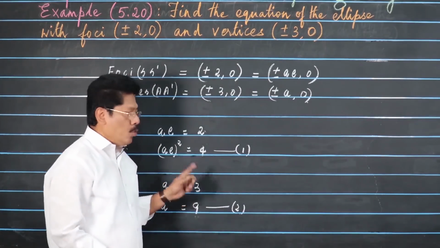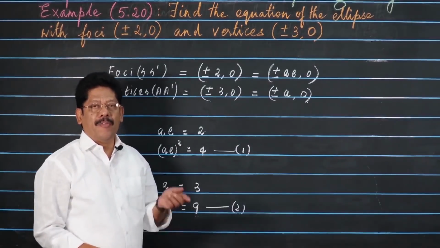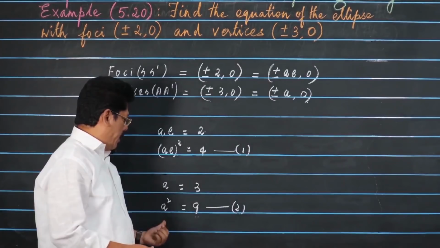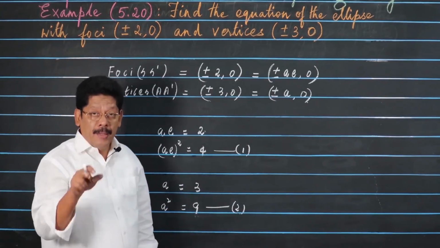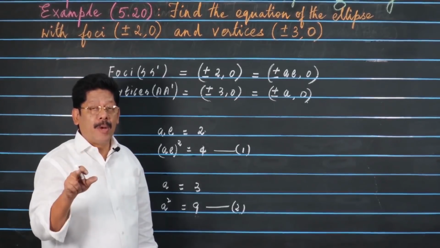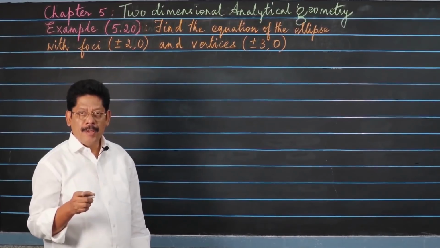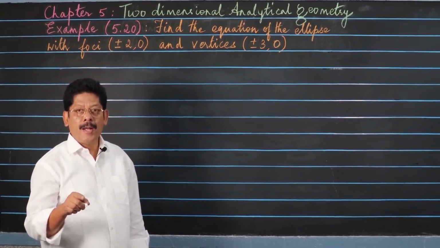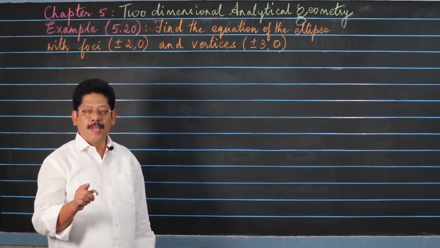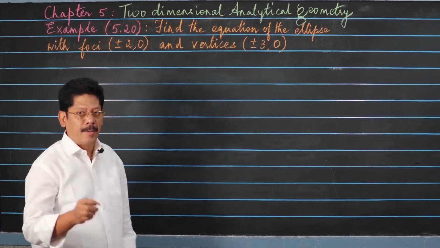With the help of these two equations, you can substitute the value of AE the whole squared is equal to 4 and A squared is equal to 9 in the equation, B squared is equal to A squared into 1 minus E squared.